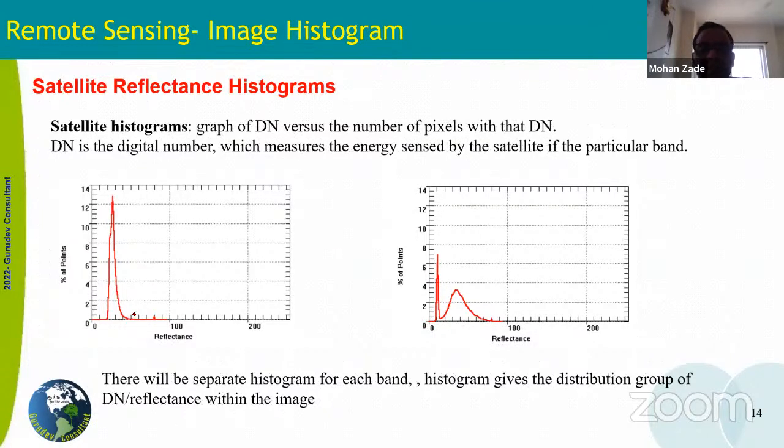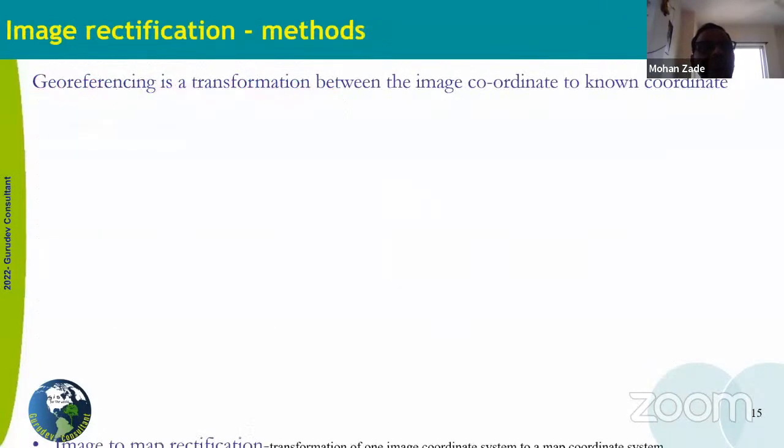So this is how you can see the curve of the histogram and also the shape of the histogram. It gives statistics: the mean, maximum, standard deviation, second standard deviation, and so on. Those are all available in the histogram.